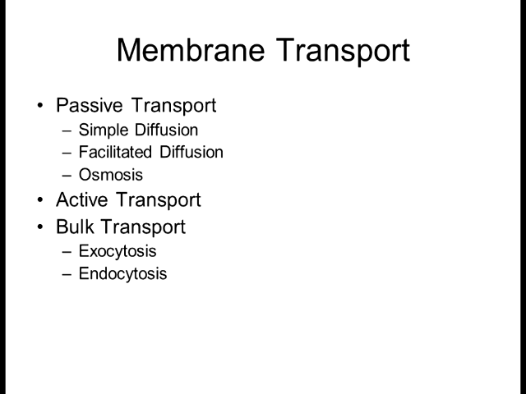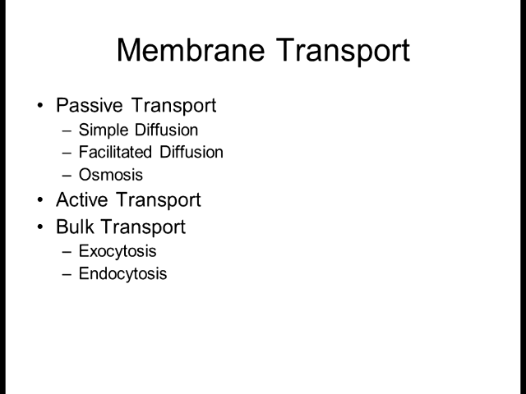The first 3 belong to a group of transport which we call passive transport. The reason why we call it passive transport is because all 3 of these require no energy to occur. Why? Because it's the natural order of the universe. All of these occur when you have different gradients of molecules and they go from a high to a low.